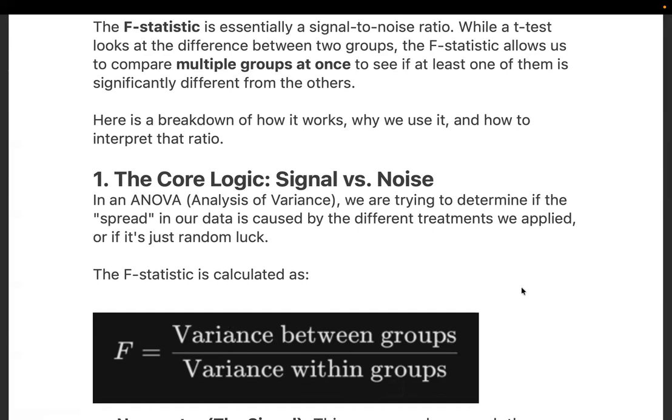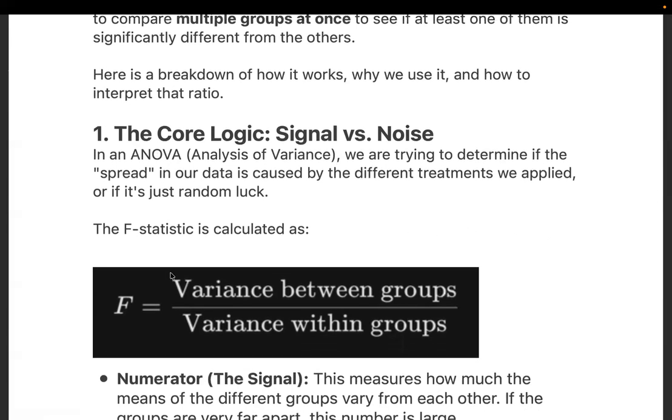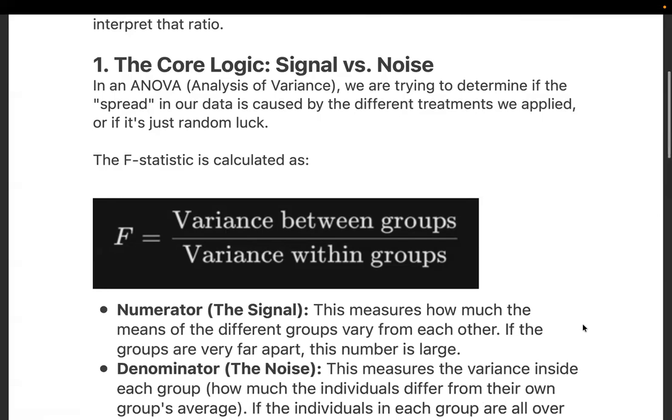So here's the formula: you compute the variance between groups divided by the variance within groups. The variance between groups is the numerator, and that is the signal part. The denominator is the noise part.